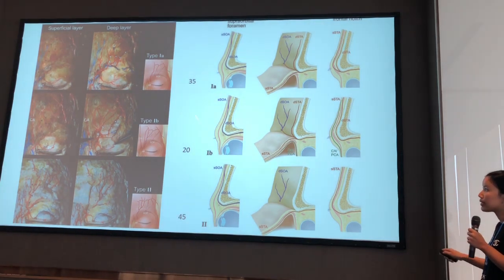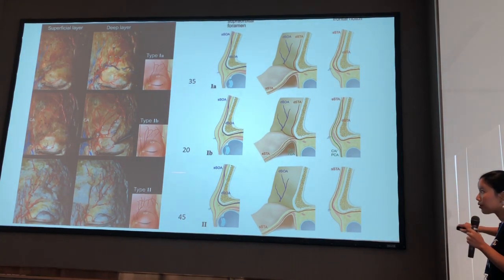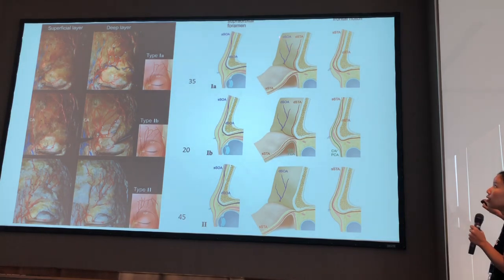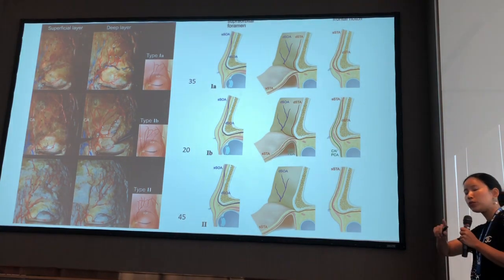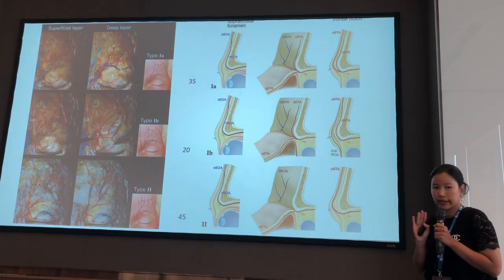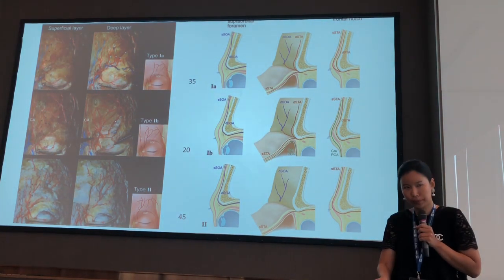And you can see that actually in every group here, there is the supraorbital artery. So the supraorbital artery does exist in every group.